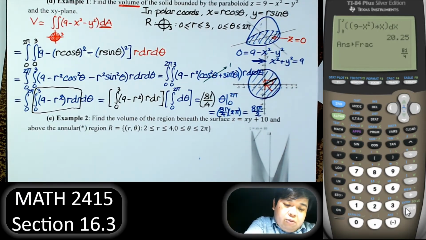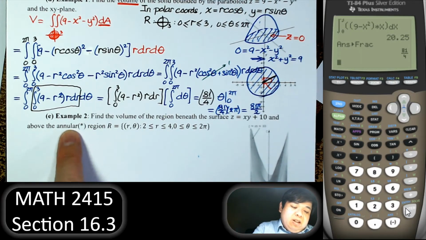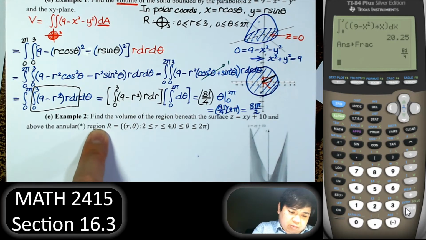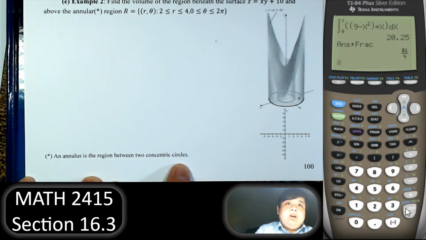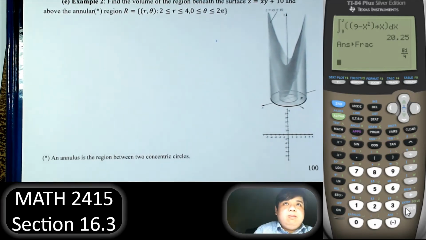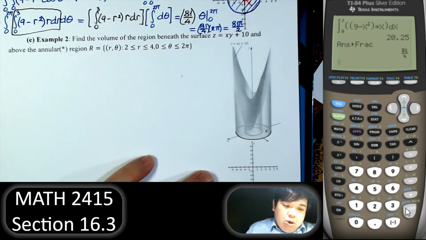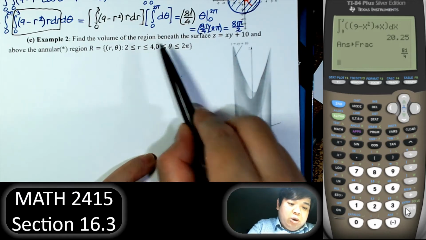Find the volume below the surface and above the annular region, which is an annulus, the region between two concentric circles. So a donut, pretty much. So what we have is the donut, inner radius 2 and outer radius 4.